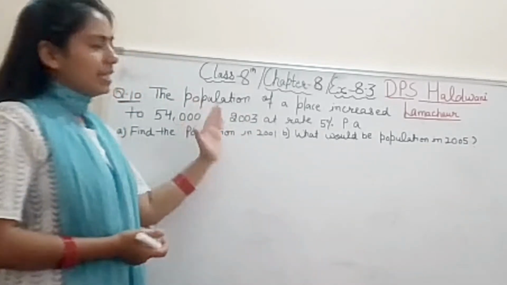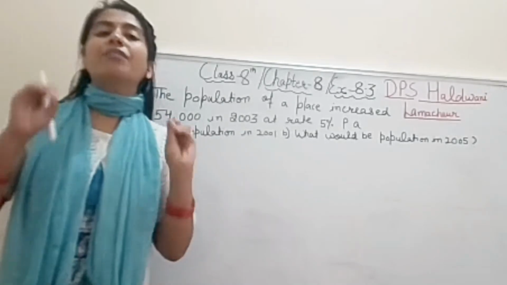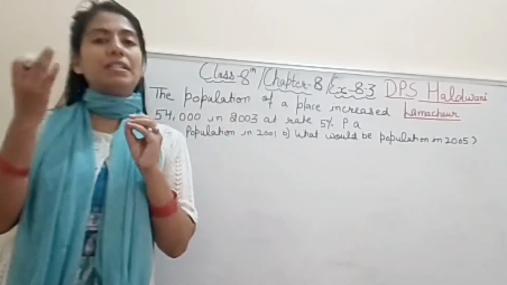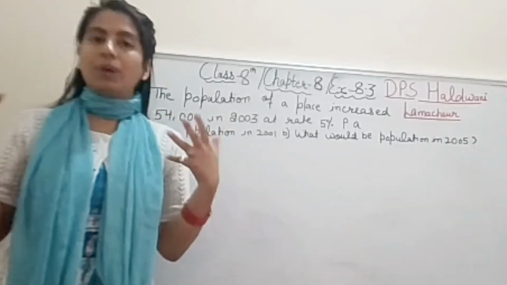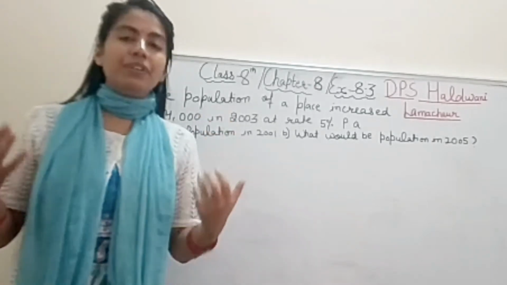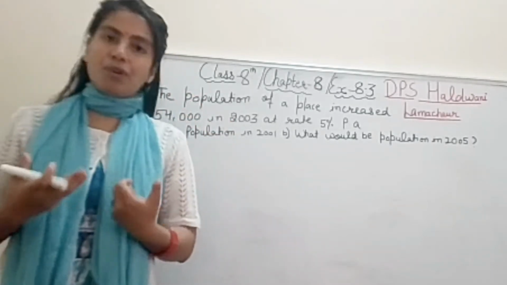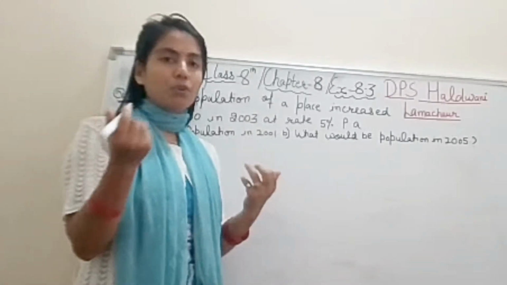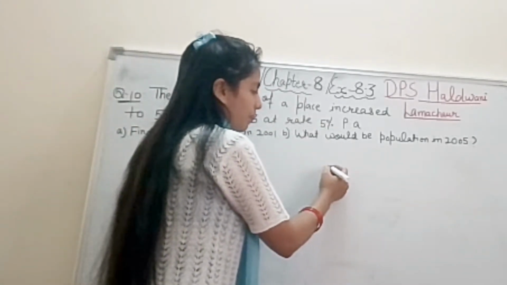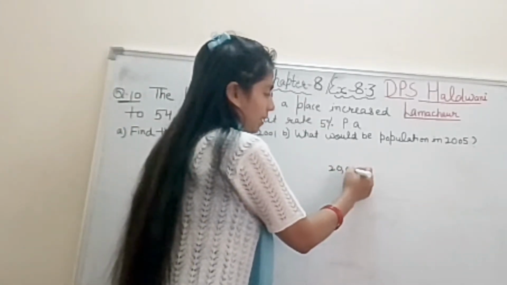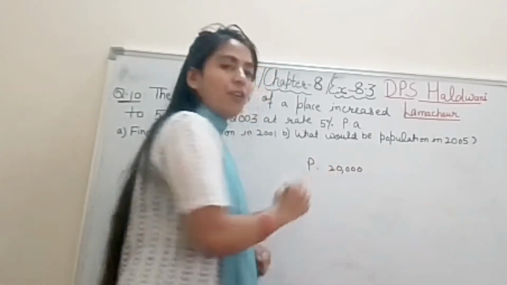Students, if we see this question in the manner of compound interest formula, principal, amount, rate, whatever. Whenever we borrow some money from the bank, suppose I borrowed 20,000, so this is the principal for me.